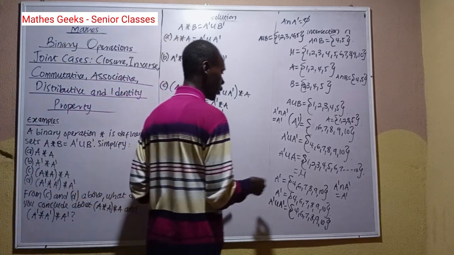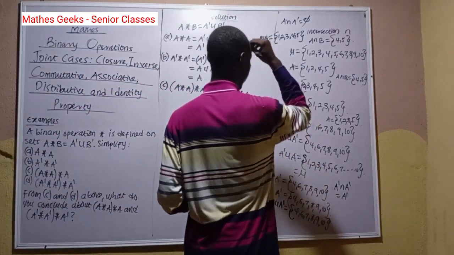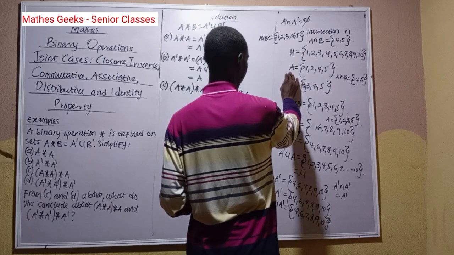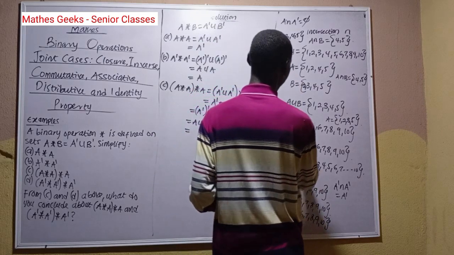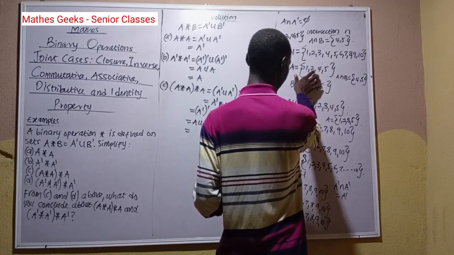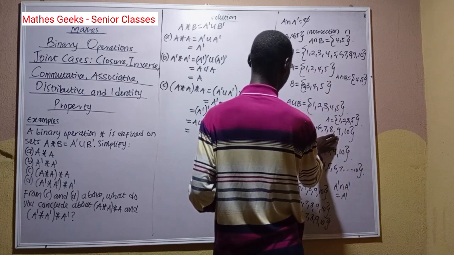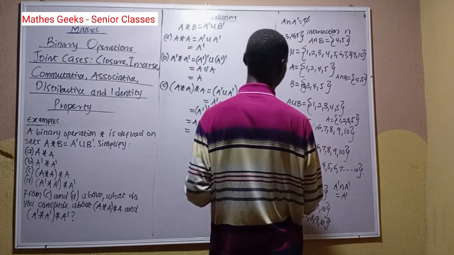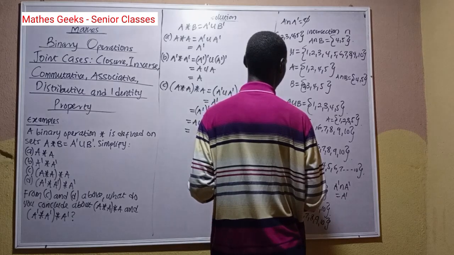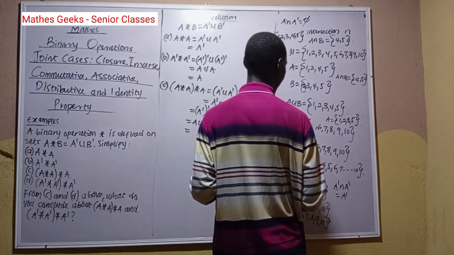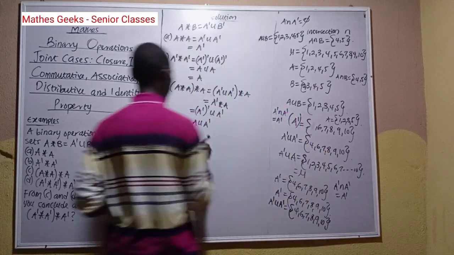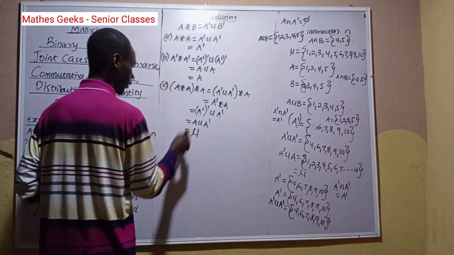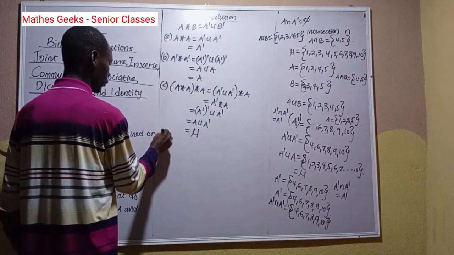So if you have to get the union of set A and set A complement, which means elements in A and elements in A complement, to bring them together so that there's no repetition, you're going to have 1, 2, 4, 5, 6, 7, 8. And what would you have at the end of the day? You're going to have the universal set. So this could be our universal set D.